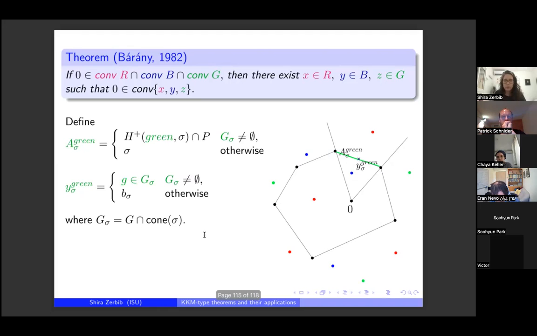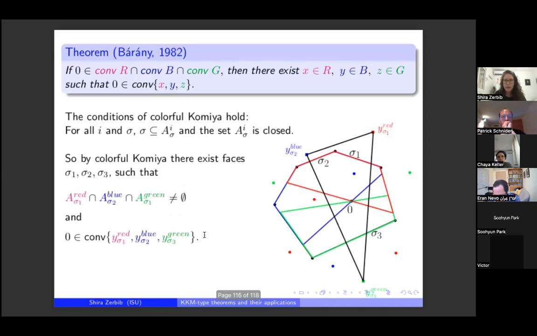Okay, so now I've chosen everything I needed for the theorem. All I need to show you is that the condition of the theorem holds and that the conclusion gives us what we want. So the conditions of the colorful Komiya theorem hold because for every sigma, we have that sigma is contained in the union of the A tau i's, where tau is a subface of sigma.